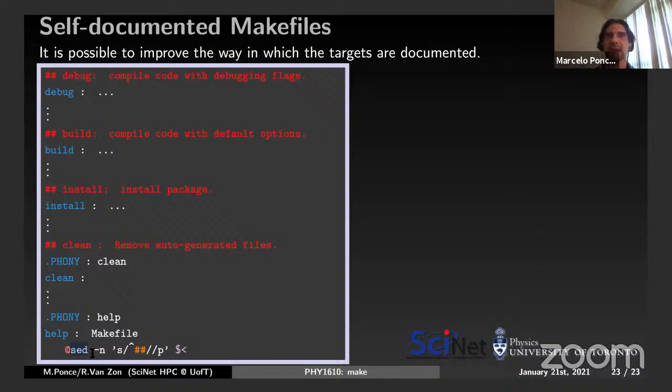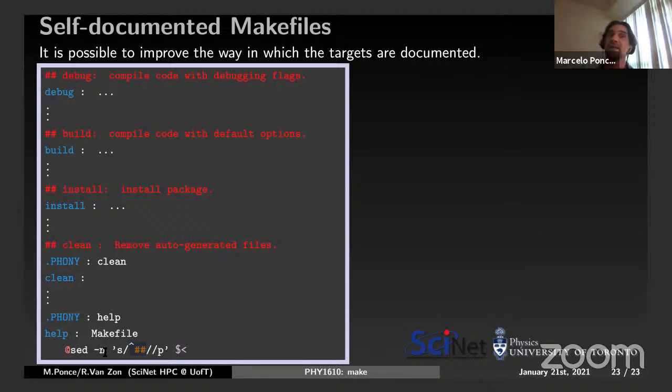This line is taking the Makefile. Remember, this symbol represents whatever the dependency is, in this case the Makefile. So it's going through the Makefile and searching. The s stands for search. Then the slash, if you are familiar with Perl, is a similar way to specify what I'm going to be searching for. And then the hat represents whatever begins with a hashtag.